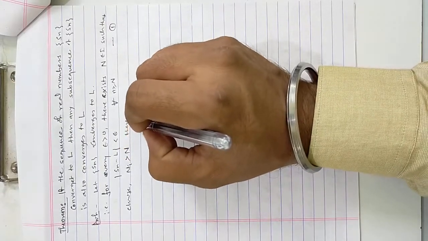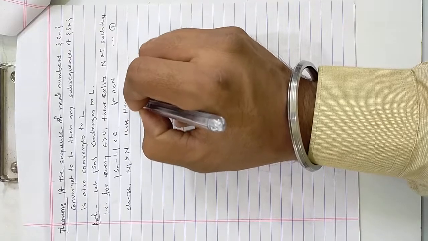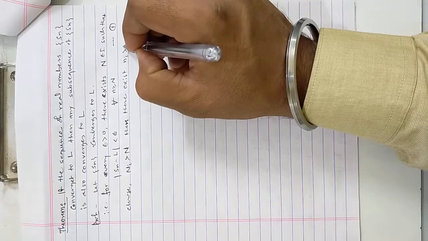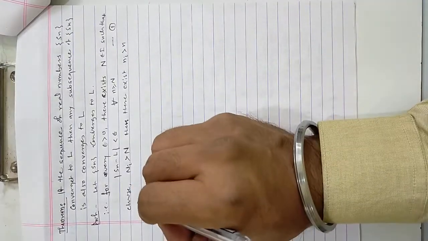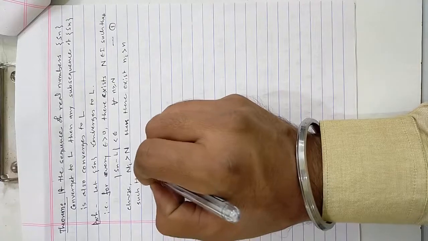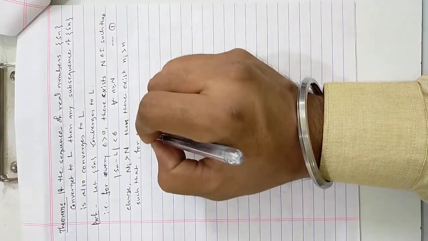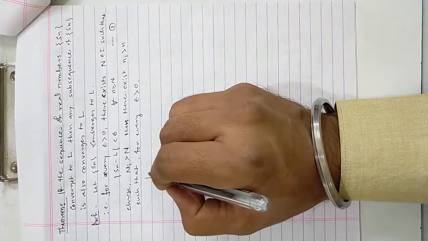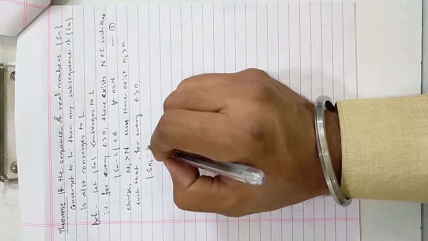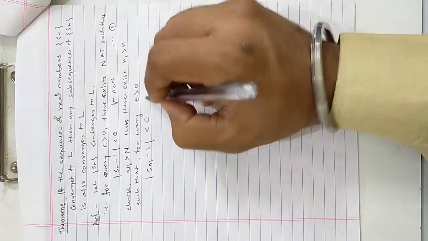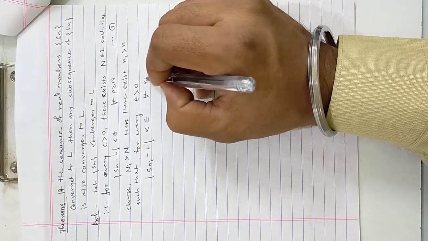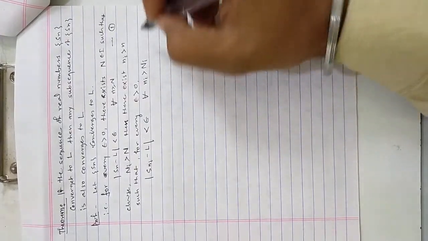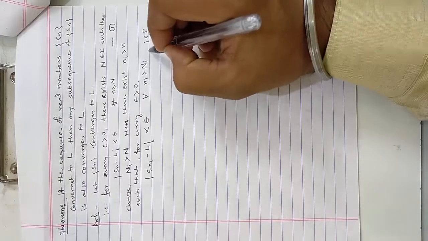Then there exists some natural number ni greater than n such that for every epsilon greater than 0, the difference |Sni minus L| is less than epsilon, and it is true for all ni greater than the large n, where i is a positive integer.